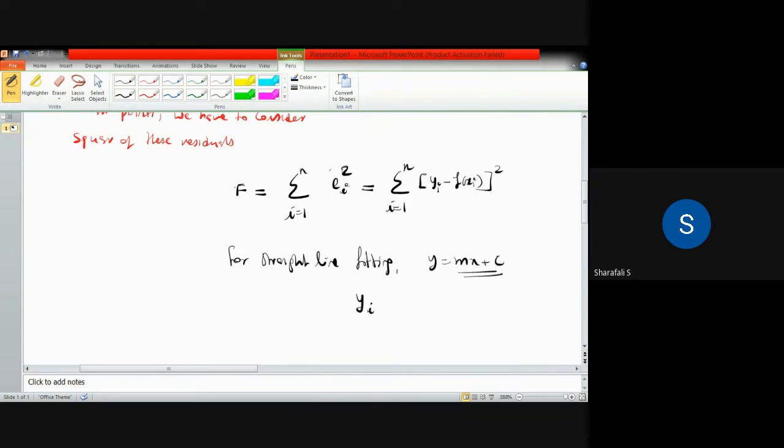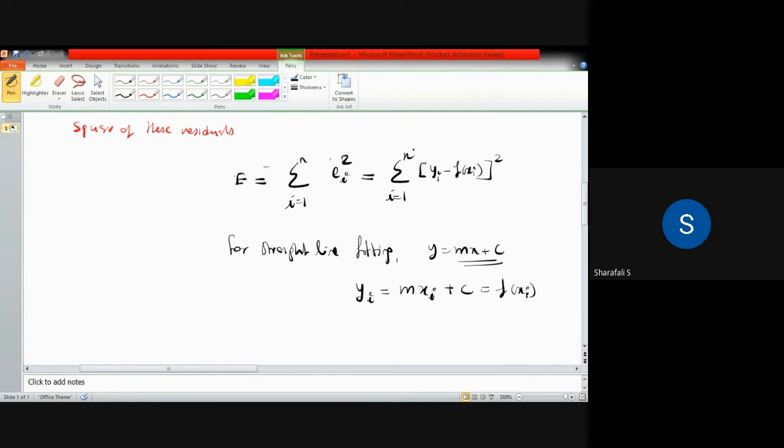So yi will be equal to mxi plus c, and this is your f of xi. And also, if you consider this term E, the sum of all those residual squares, that has to be minimum.